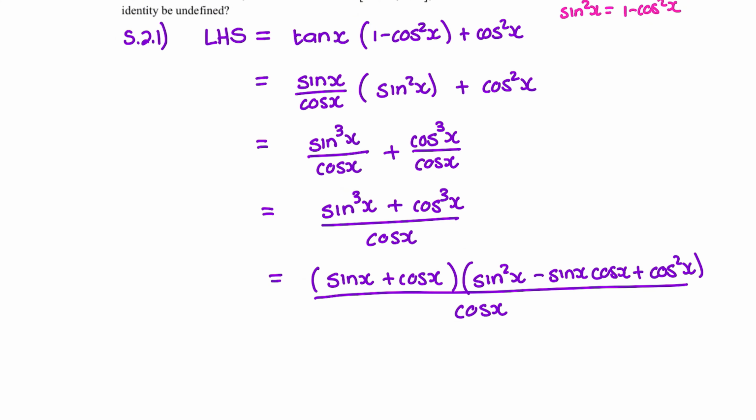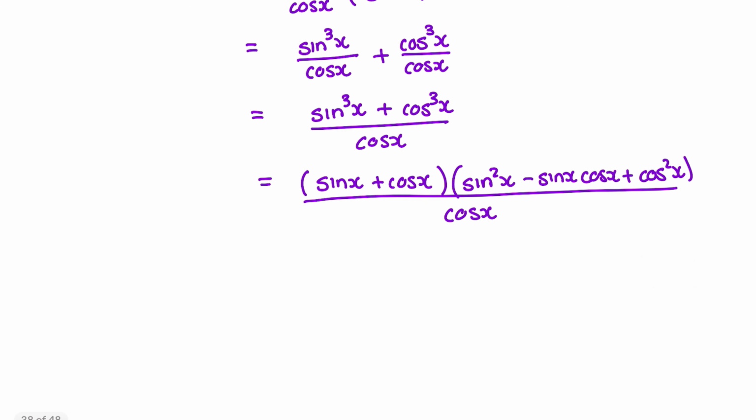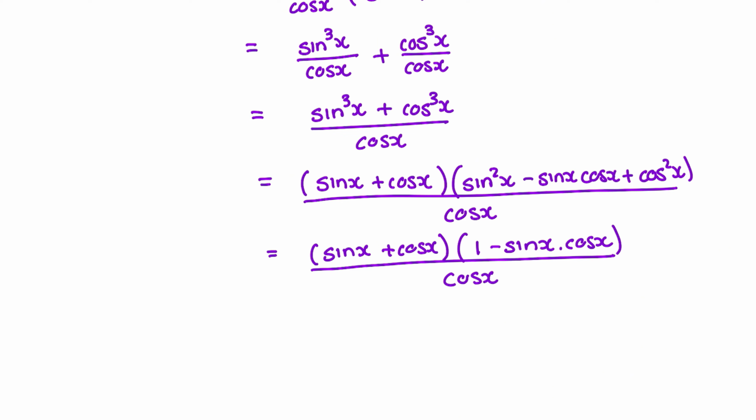And all that I need to do now is add sine squared with cos squared, and that is equal to 1. So we have sine x plus cos x multiplied with 1 minus sine x times cos x over cos x, and that is the right-hand side.